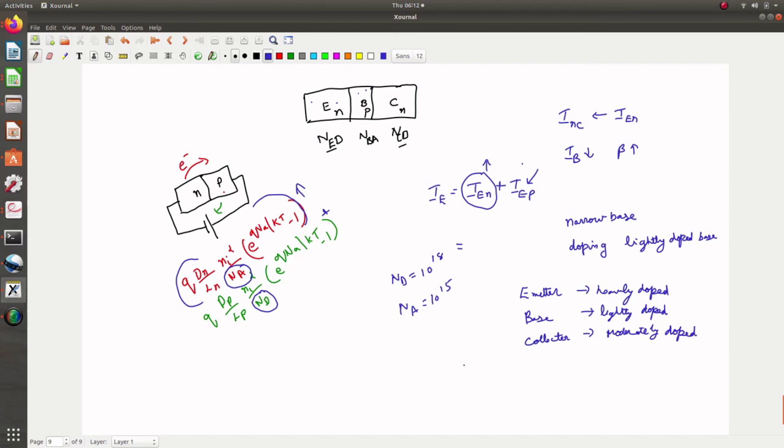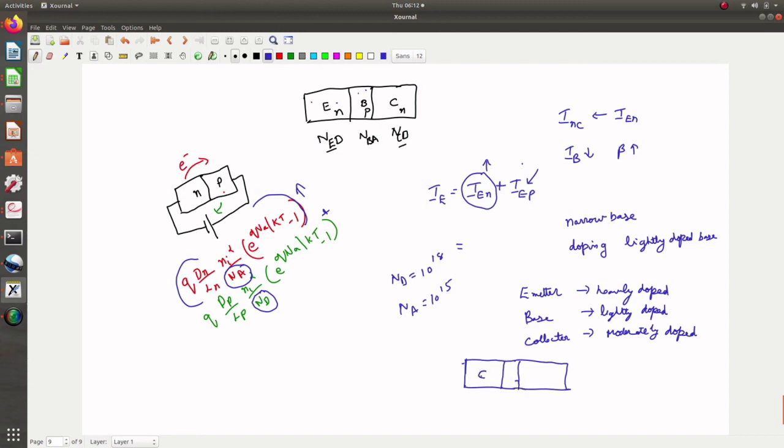And also in the construction, we have a longer emitter, a narrow base, and a collector.